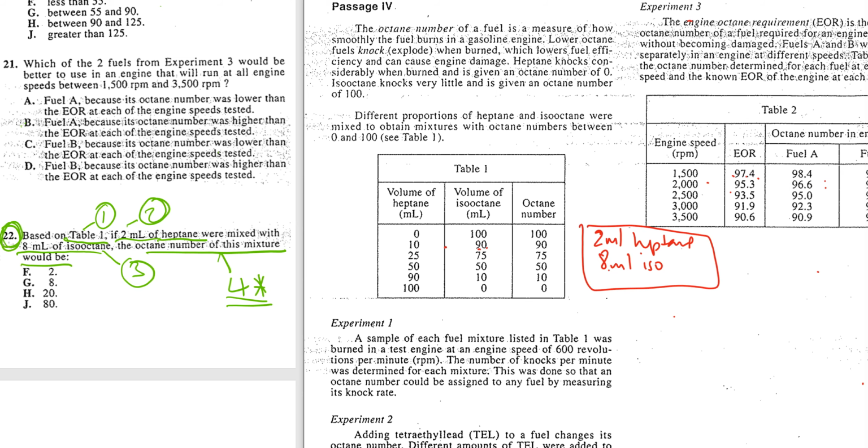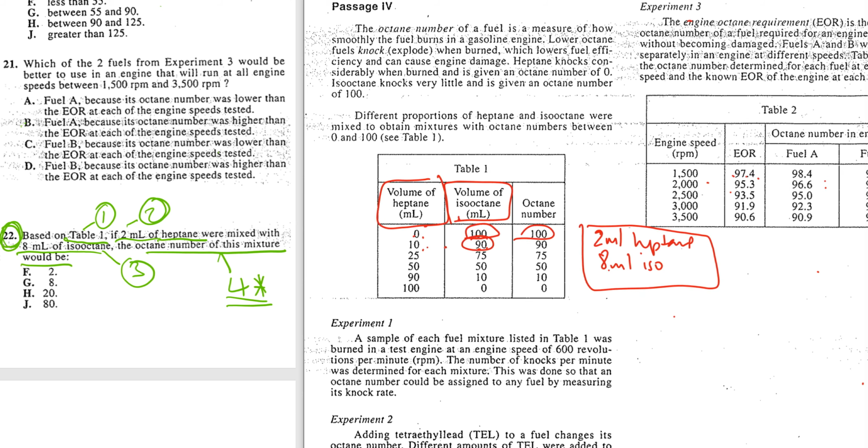So I'm going to show you how I think a lot of students would approach this to get the wrong answer. They would say 2 milliliters of heptane. Okay, here's heptane here, and it's 0. Heptane basically doesn't affect the octane number at all. If you look at it here, the volume of isooctane at 100, it's 100.